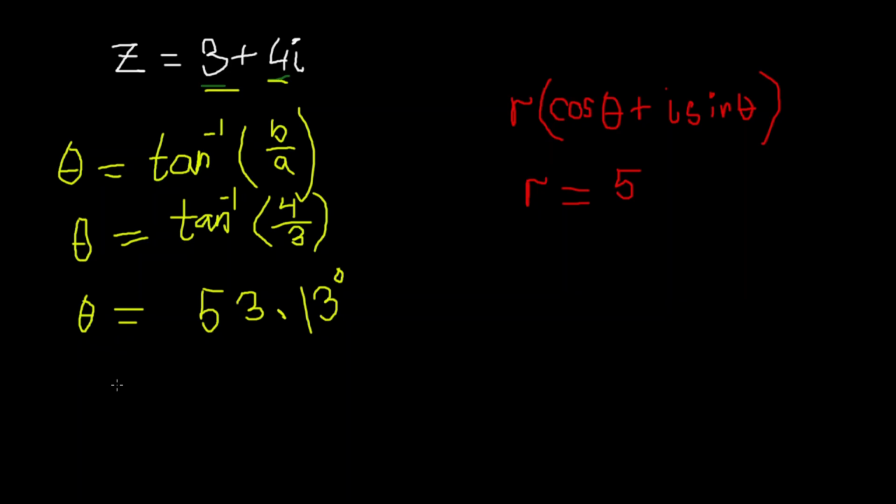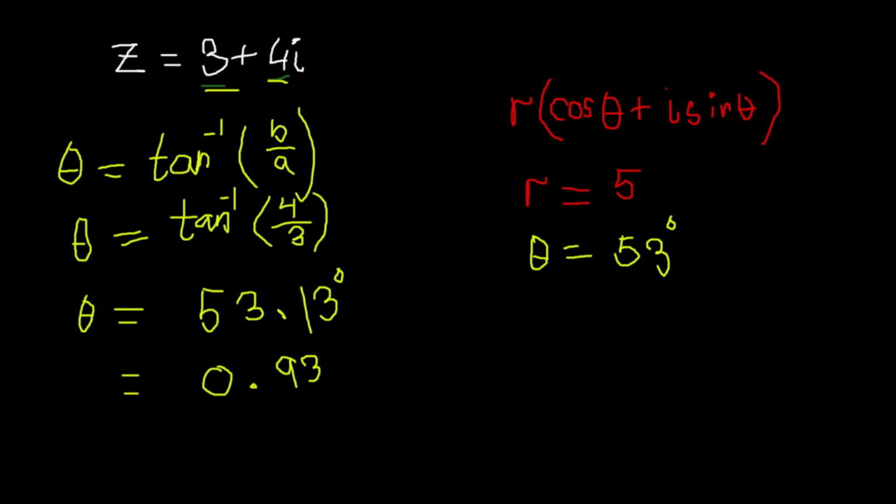You can also write the answer in radians. So if you wanted your answer to be in radians, it would be 0.92 radians, but it's just your preference which one you want to use. Theta, we can write as 53 degrees, however you want to round your answer.